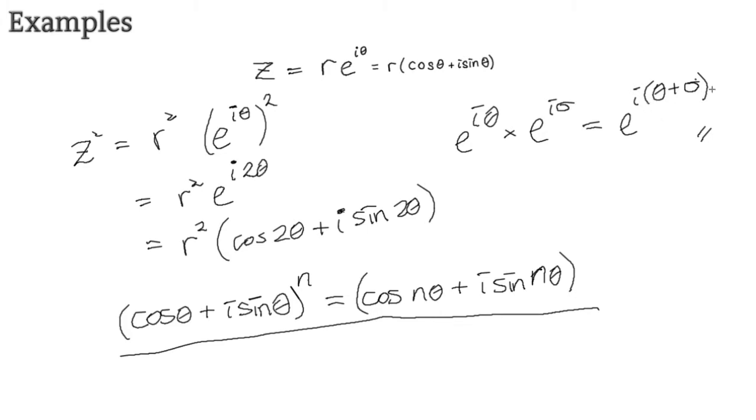With that, we have now concluded that the angles do indeed add together, as I said back when we first learned how to multiply complex numbers. So that works, which is good.